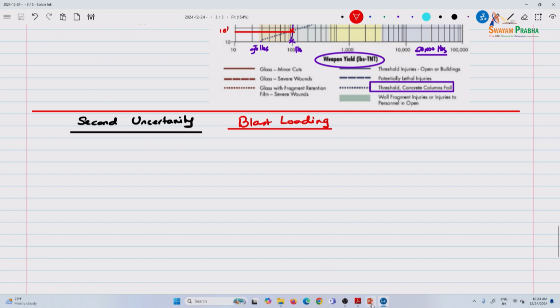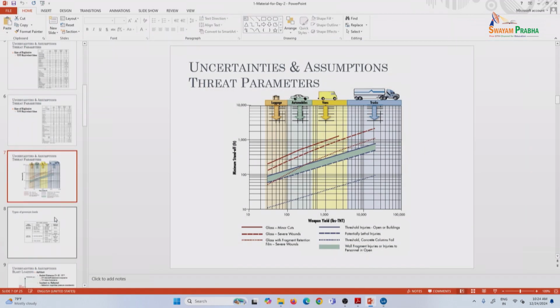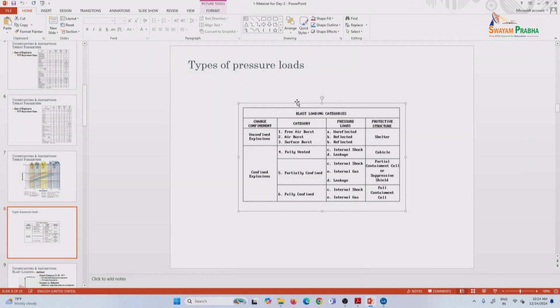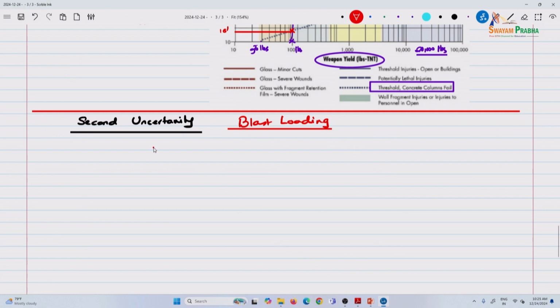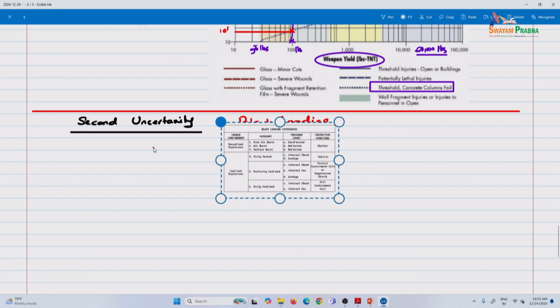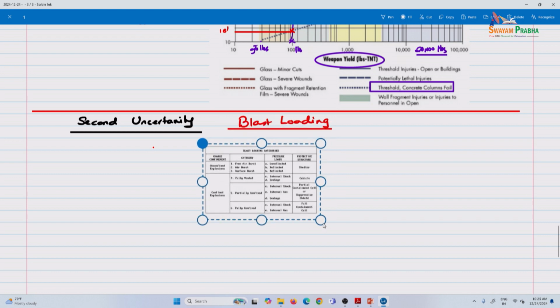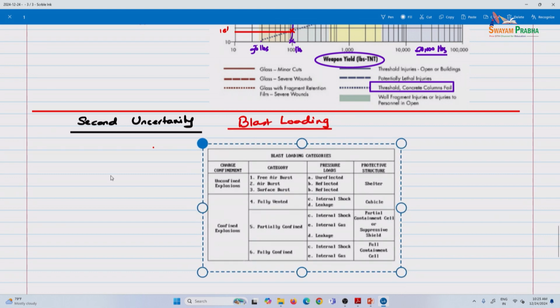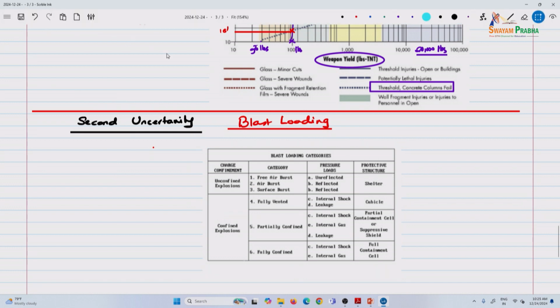So, the blast loading, let me start with this one. It's going to take a lot to cover all of them, but we've talked a little bit about the variety of loading categories. So, these are the different blast loading categories.